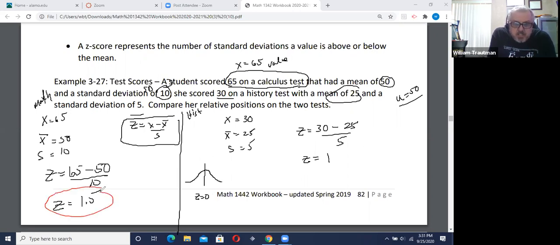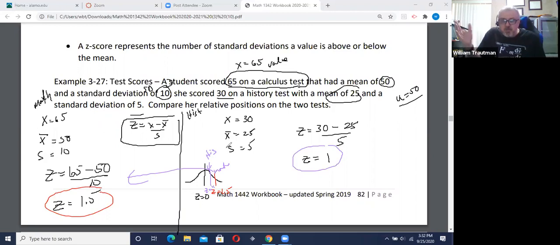This z value is positive 1.5, so it's to the right of the mean. And this z value is 1. It's to the right of the mean also, but it's not as far as 1.5. So you can see the difference. This is history, and this is math.